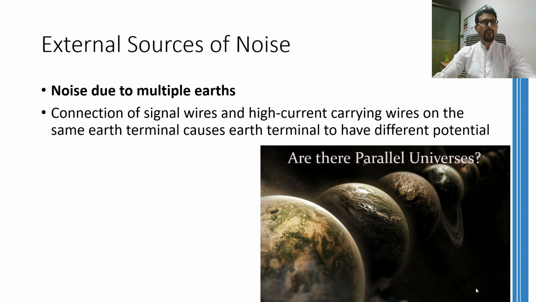So our common practice is to have a separate ground or earth for all low current carrying wires, and a different earth or ground for high current carrying wires. I will discuss this once again in a later section of this lecture, and I hope it will become more clear there.